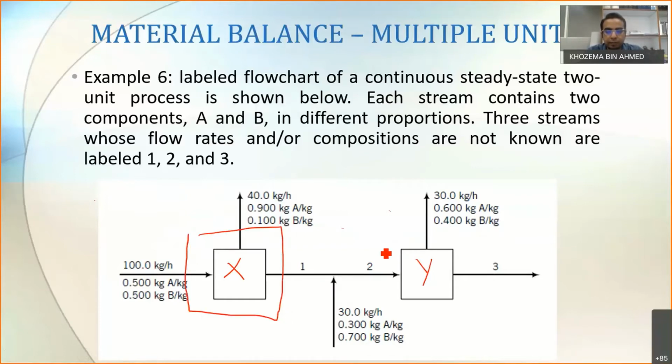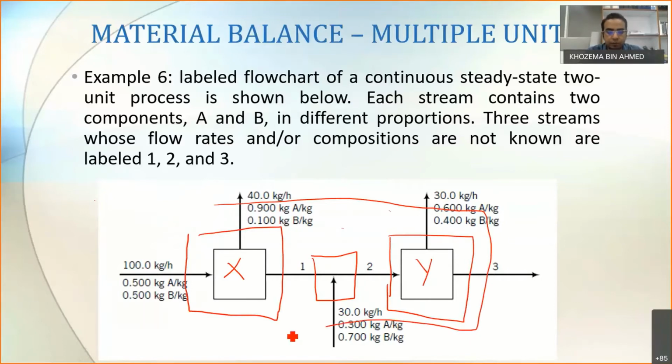My Y unit, where separation is happening, is my second system. And this is also a system, because mixing is happening here. So I have 3 systems, and I can also put an overall system. So in total, I have 4 systems.